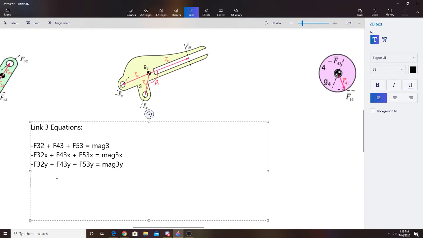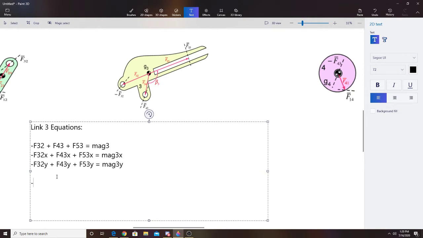All right, so now we have to do the moment equation. For this one, we have 3 forces. I think this is the first time we've actually had to do 3 of them in a moment equation, and you have to do it for all of them. So let's get started.